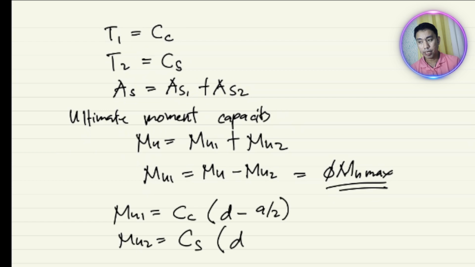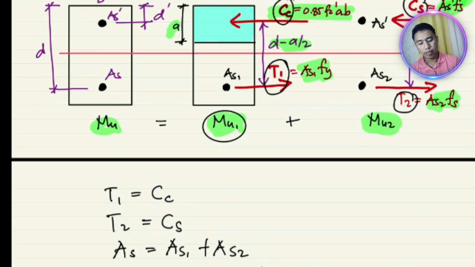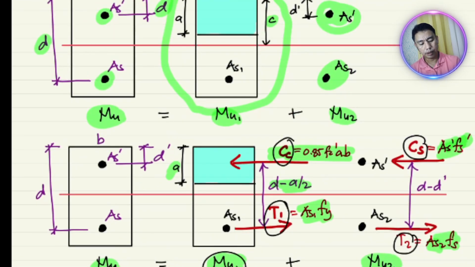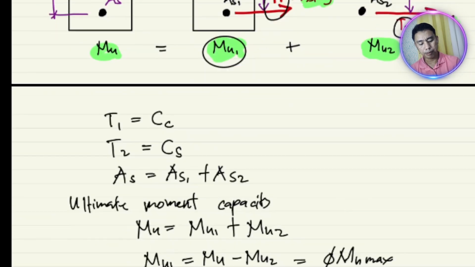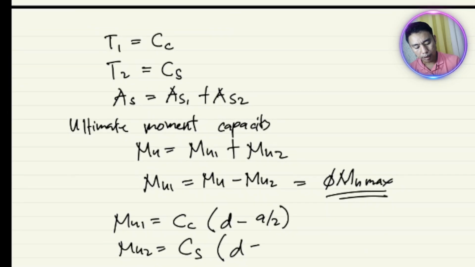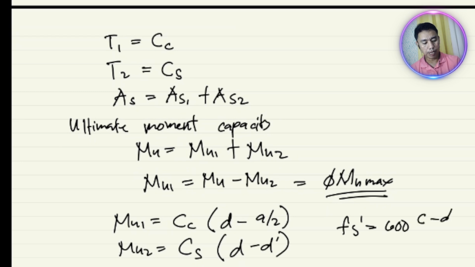And then the moment arm, ano yung moment arm dito? Yan, ito yung D minus D prime. So we can write D minus D prime. The same, Fs prime is equal to 600 C minus D prime over C.